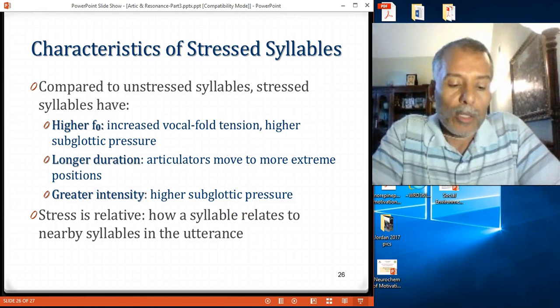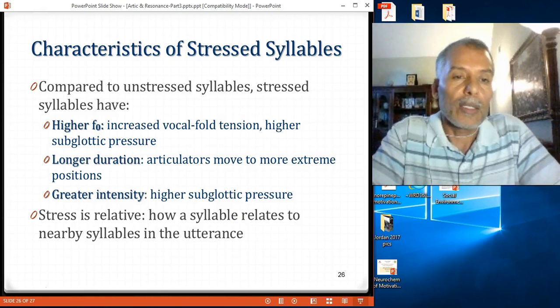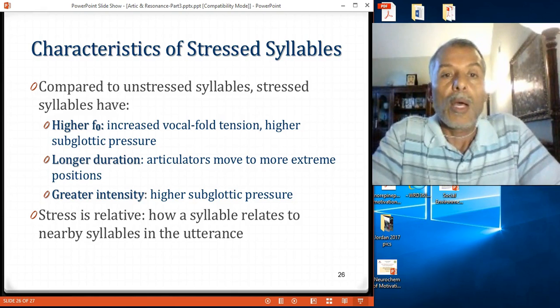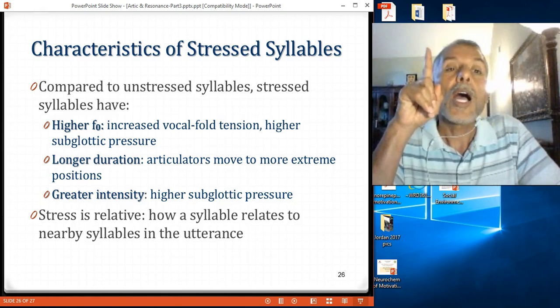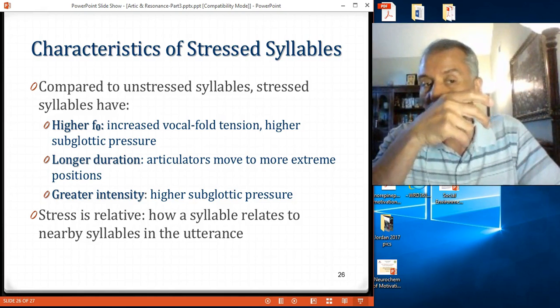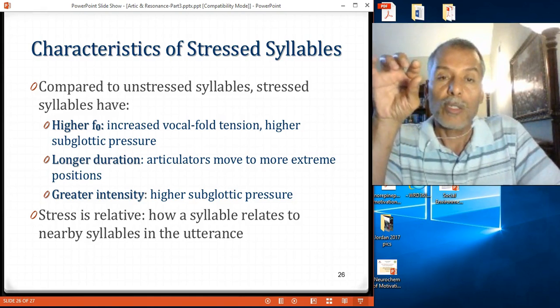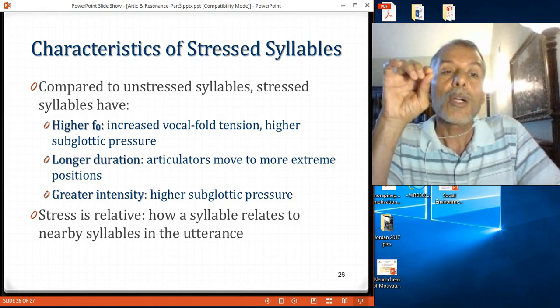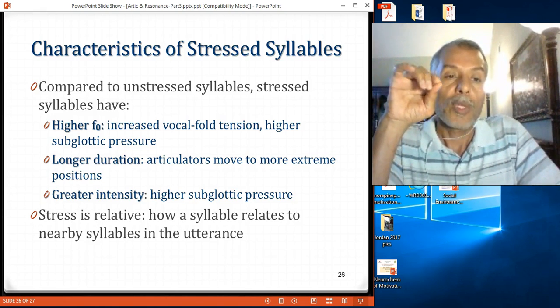Now, this is also a very important thing that you need to understand. What are the differences between stressed syllables and unstressed syllables? First, stressed syllables have higher frequency. The reason is that the vocal fold tension is greater and they have higher subglottic pressure.